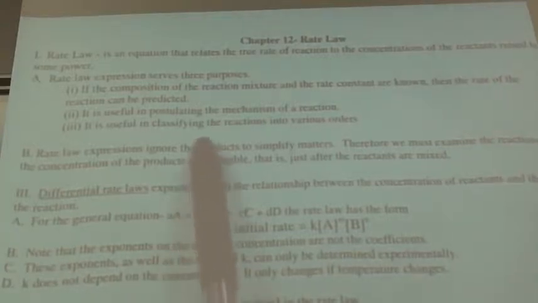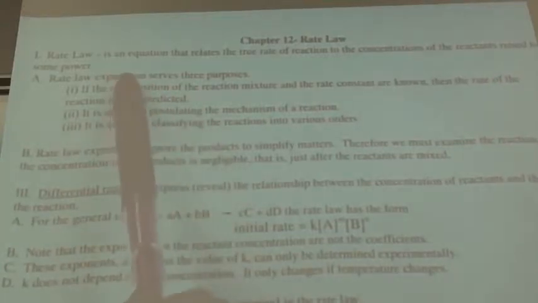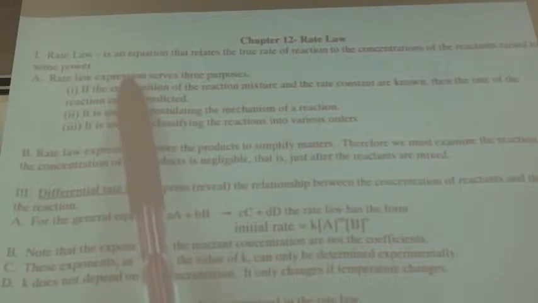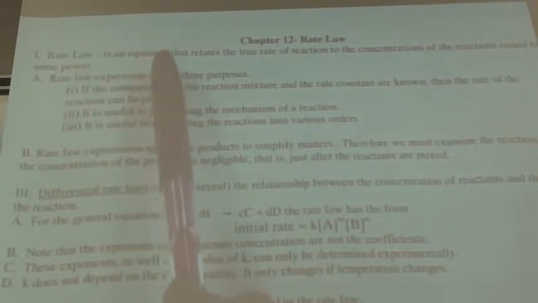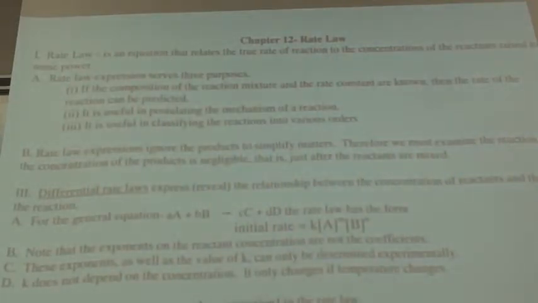Now the other thing that is useful about the rate law expression, that equation that we're talking about, is that it's helpful in classifying the reaction into various orders. I'll talk more about the order in a minute, but I will say this. If the order of the reaction is 1, that means if you double the concentration of the reactants, the rate, or how fast the reaction goes, also doubles.